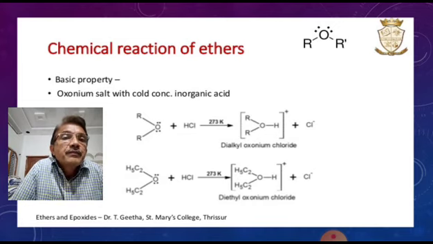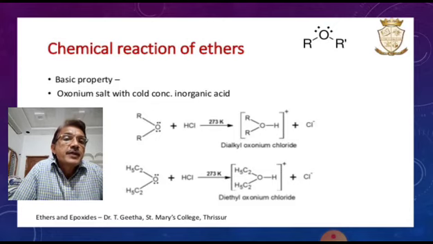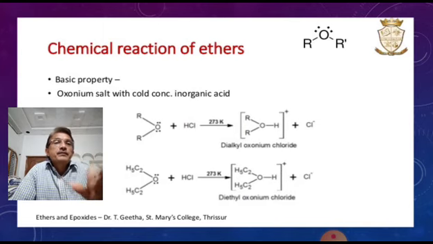Example for this reaction: when diethyl ether reacts with HCl at about 273 Kelvin temperature, it gives diethyl oxonium chloride.